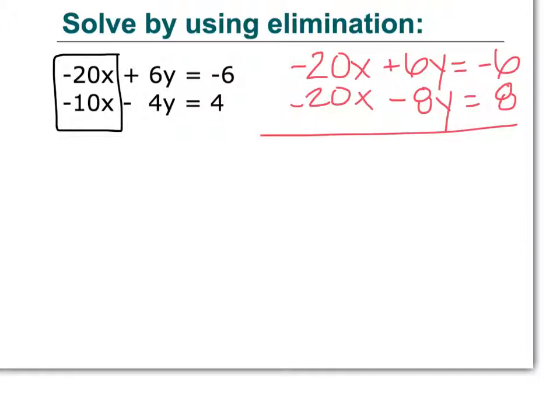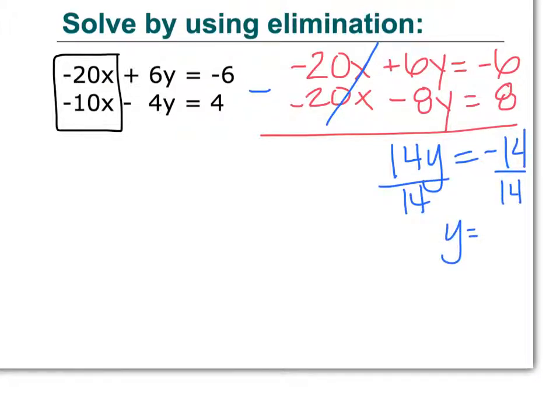Now if I look at adding and subtracting, since they're both negatives, I'll subtract. So negative 20 minus negative 20 will cancel. 6 minus negative 8 will add together, and I will get 14y. Negative 6 minus 8 will become negative 14. Divide both by 14. Y is equal to negative 1.